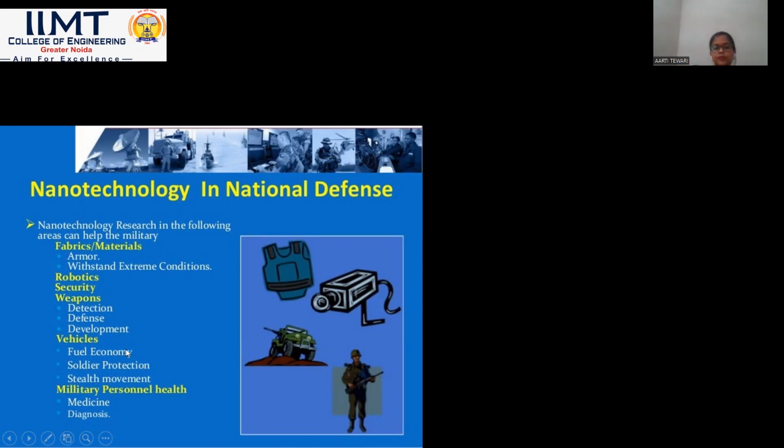You have fuel economy, soldier protection, stealth movement, and for their health, the nanomedicines, and also nanomaterials for diagnosis of diseases. So this armor thing is very much more important. Okay. So that is using nanotechnology in the defense and security area.